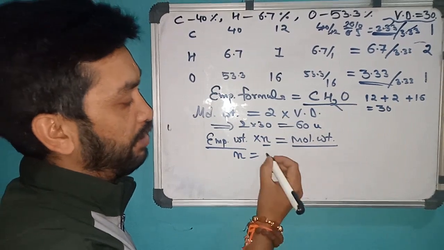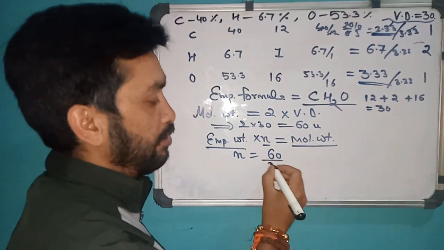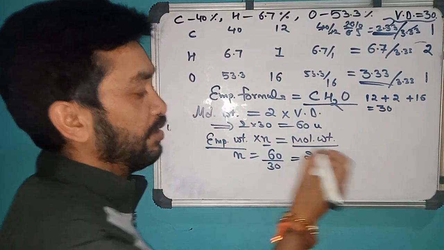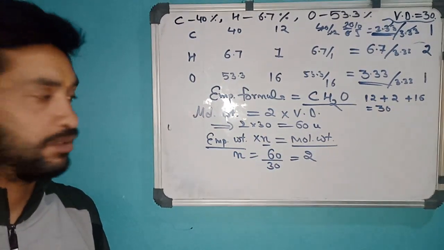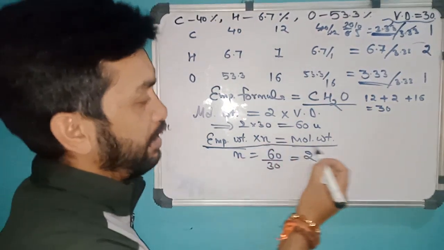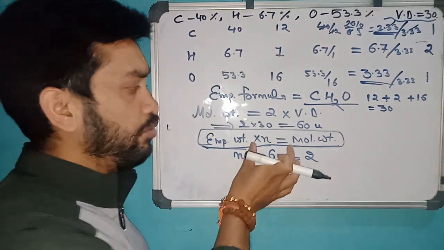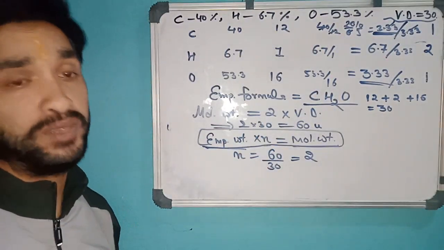What is the molecular weight here? 60, calculated by using vapor density, upon 30 will give you 2. I hope it is clear. Now how to get the molecular formula? In the same way, you have to remember this one. In terms of weight we can write like this, and in terms of formula also we can write like this.